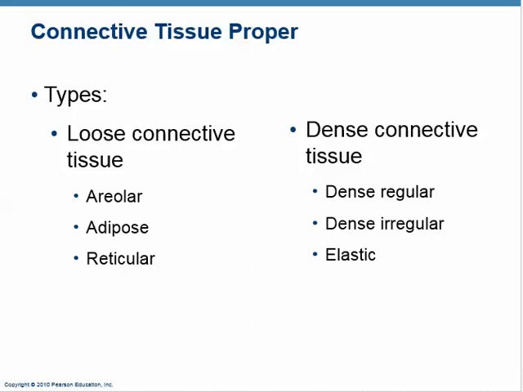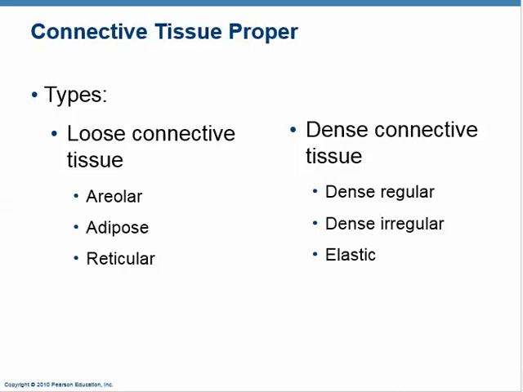So a loose connective tissue would be areolar, which is a very common connective tissue with lots of space in it. It even sounds like it's got space in it, areolar. Adipose, which is fat, and reticular connective tissue, which is like a net-like connective tissue that is where a lot of immune functions are found, because there's a lot of empty space in it.